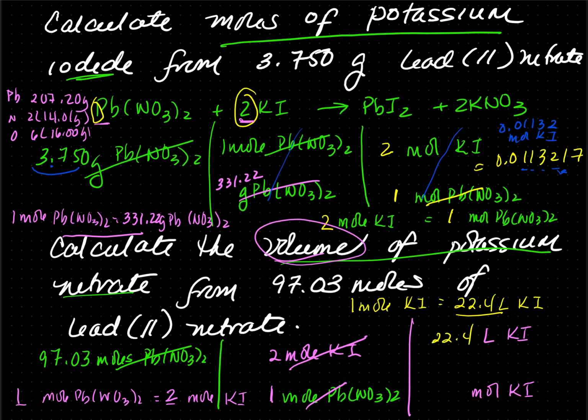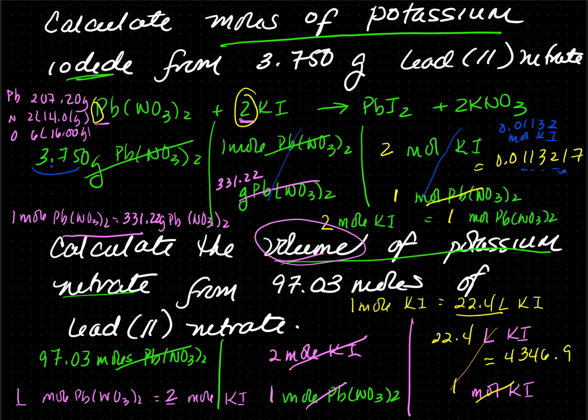The number in front of moles is 1. Diagonal units cancel out. So now I multiply 97.03 times 2 times 22.4 divided by 1. If you do that, you should get approximately 46.9.